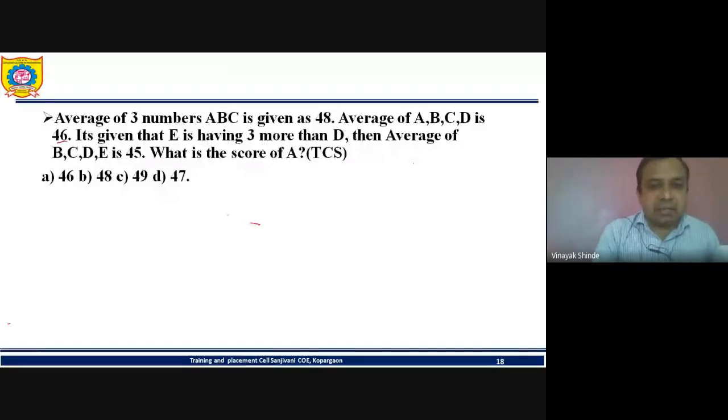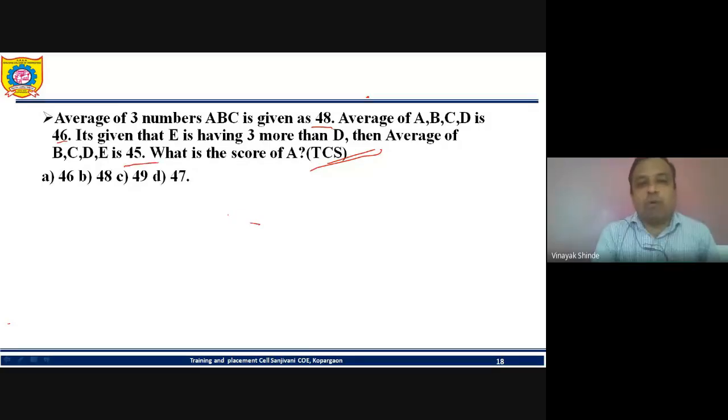Yes. This is a question which was asked in TCS. The average of 3 numbers A, B, C is given as 48, and the average of A, B, C, D is 46. It's given that E is 3 more than D. Then the average of B, C, D, E is 45.